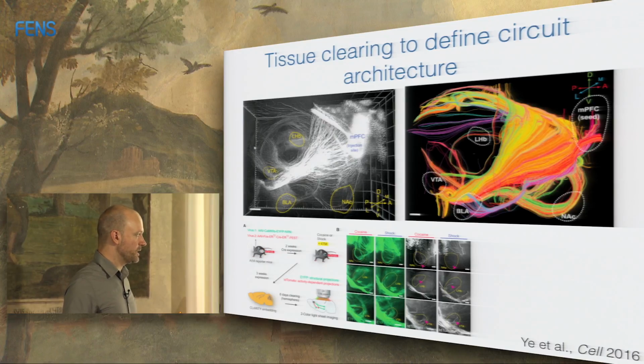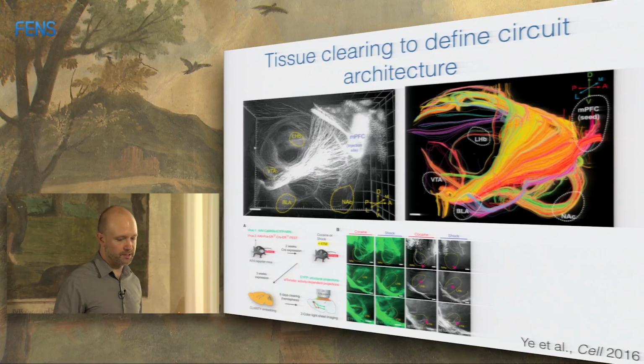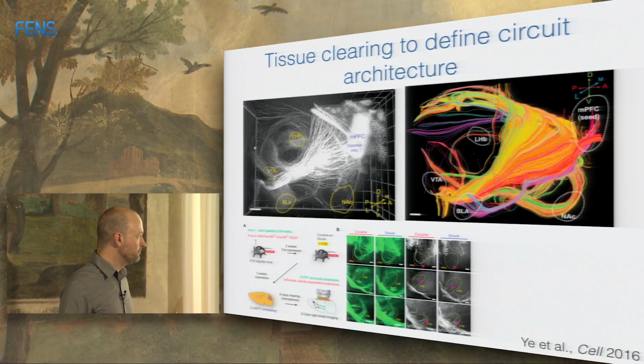And one thing that was really interesting in this paper in particular, which I think was really cool, was they actually used this approach to look at cells that were activated by a particular stimulus.